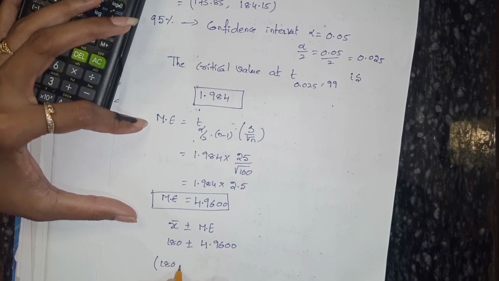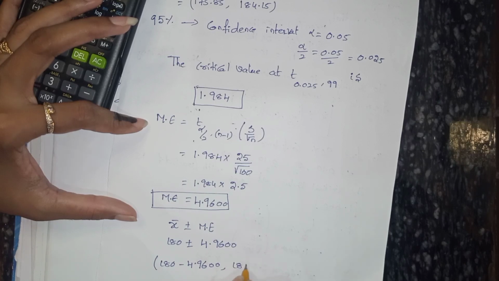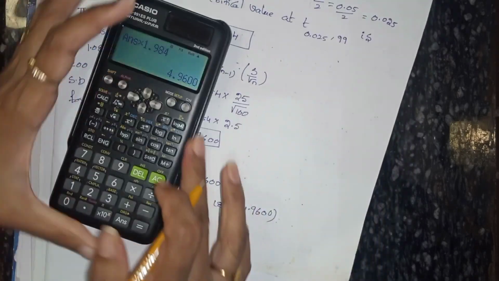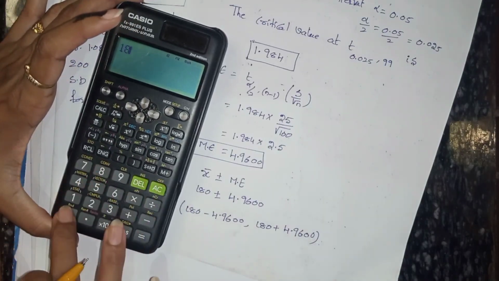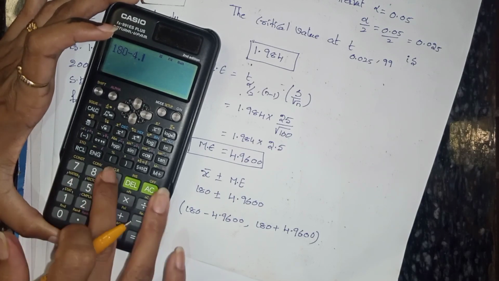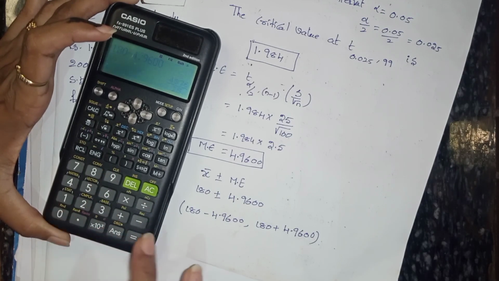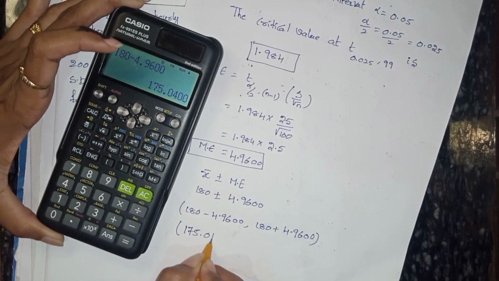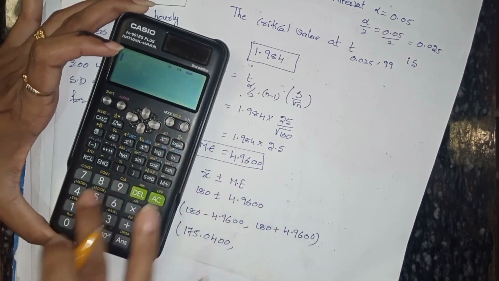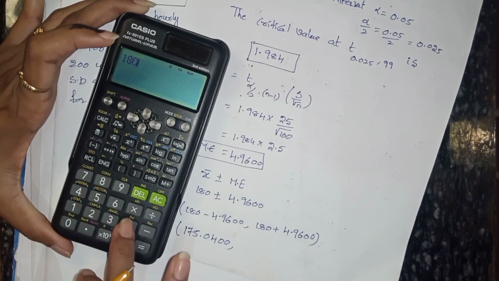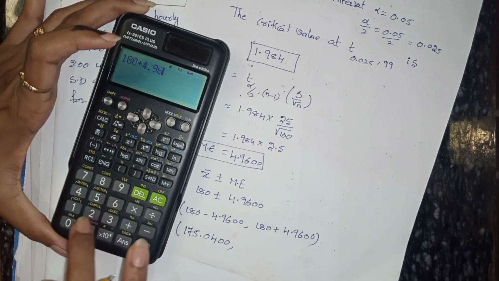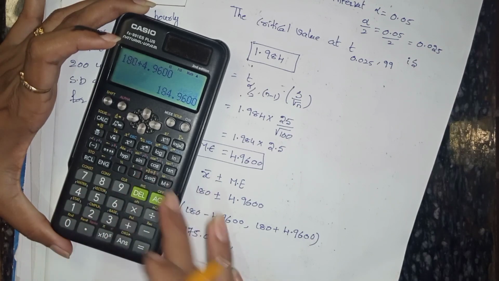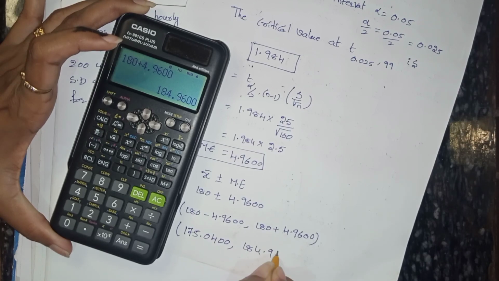So 180 minus 4.96, comma, 180 plus 4.96. 180 minus 4.96 equals 175.04, comma, 180 plus 4.96 equals 184.96.